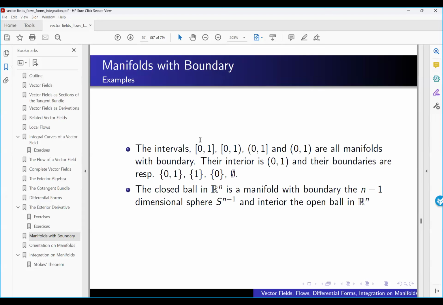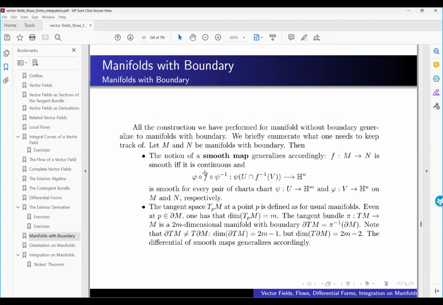Think, for instance, of R squared. Then you take the closed disk. So the interior is the open disk, and the boundary is the circle, like the 2 minus 1, one-dimensional sphere. All right, so these are the manifolds with boundary.